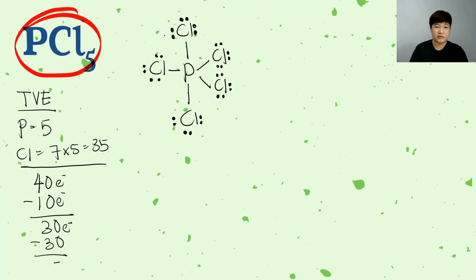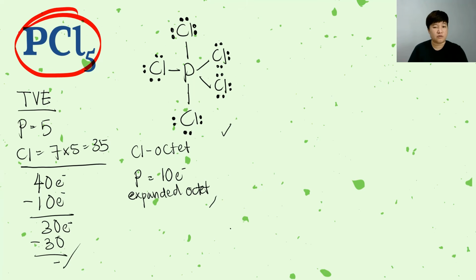I have 5 chlorine, 6 times 5, 30. We are done. And if you check over here, your chlorine is now all octet. While for your phosphorus, you have 10 electrons around it. When you have 10 electrons around it, your phosphorus will be an expanded octet over here, because your phosphorus is located in period 3. So we are done, and your Lewis structure is now correct.